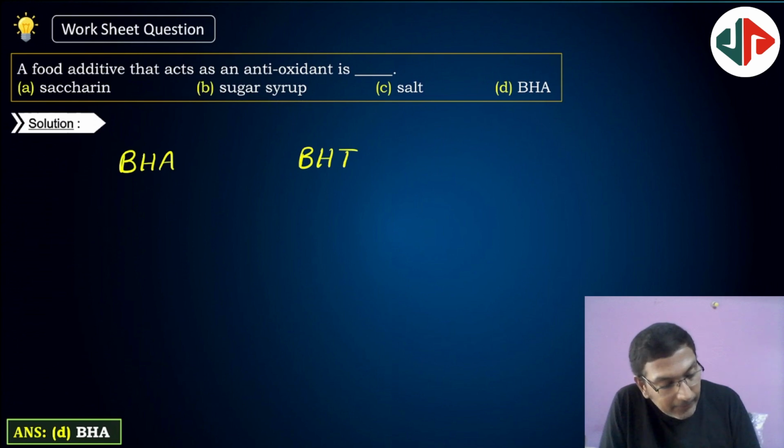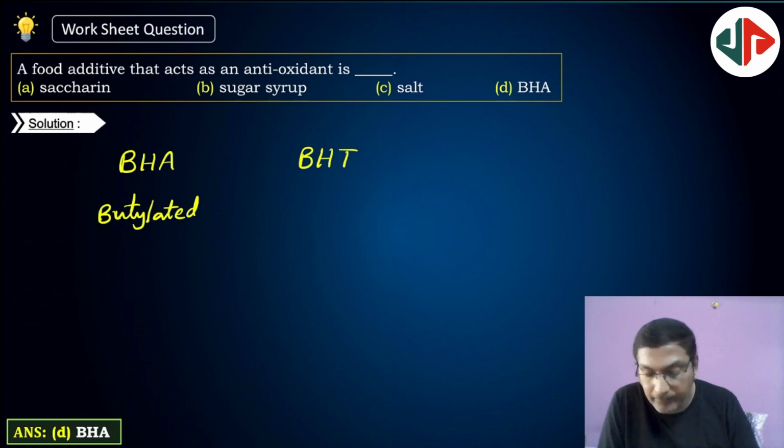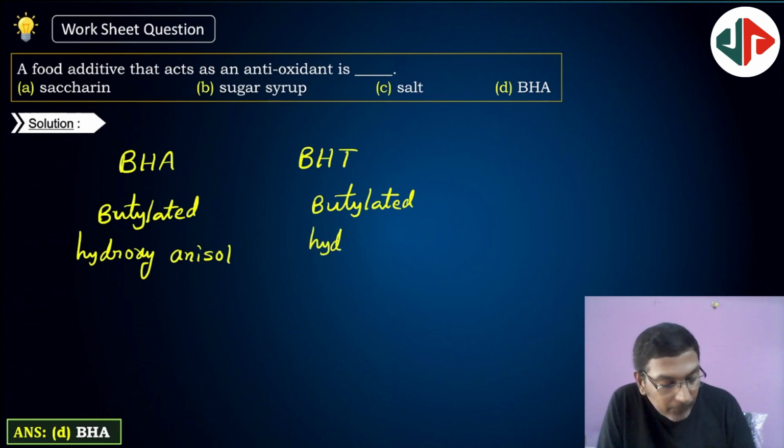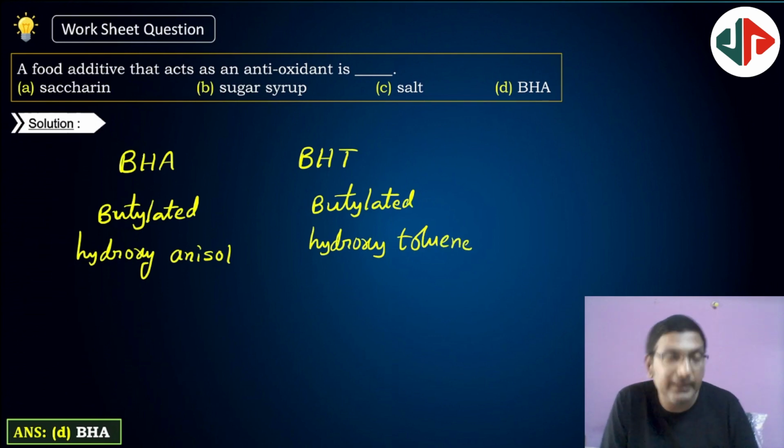So butylated hydroxyanisole and butylated hydroxytoluene. These were antioxidants, food additive. So D, BHA. Next.